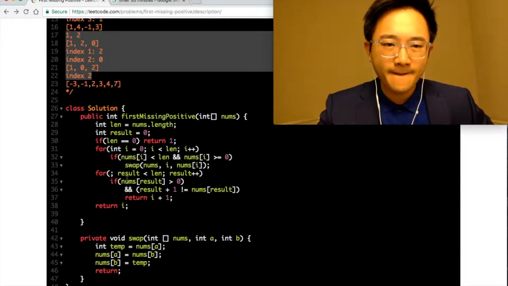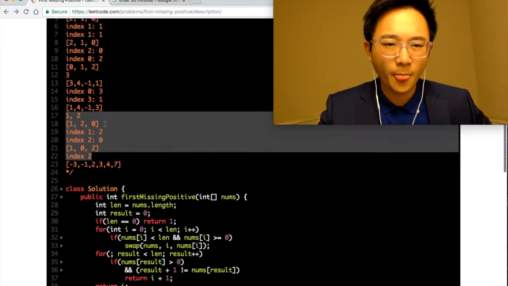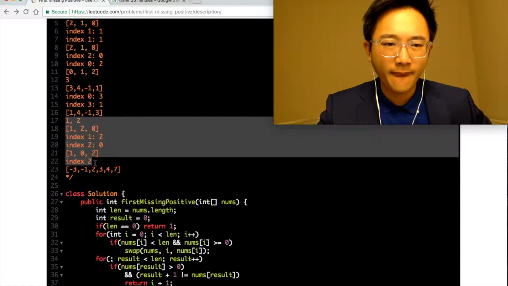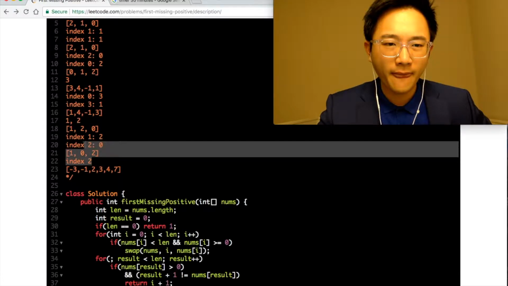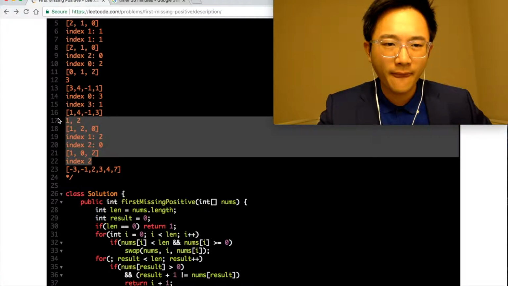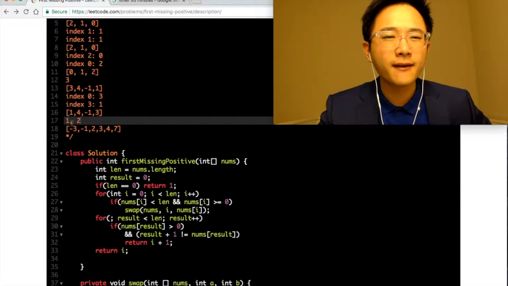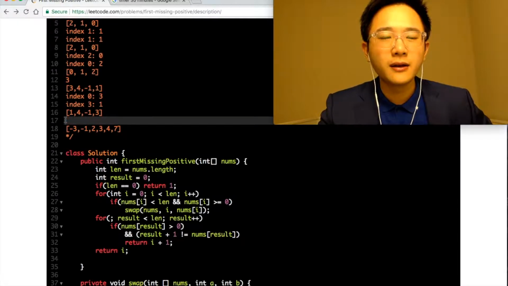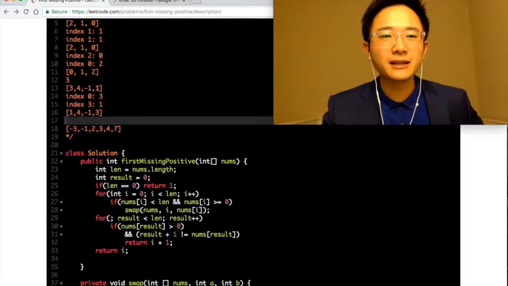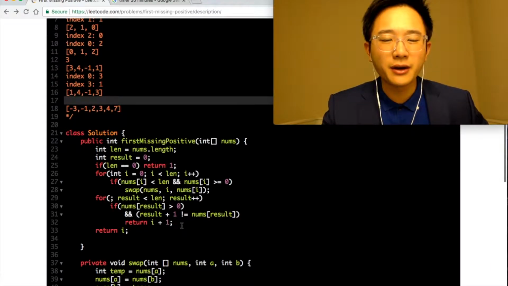Okay, so I feel like this is the right approach, but there's something wrong with it.